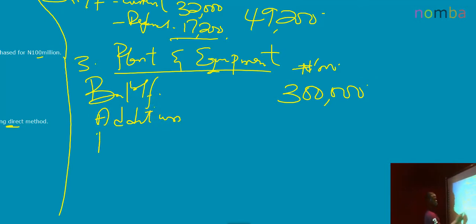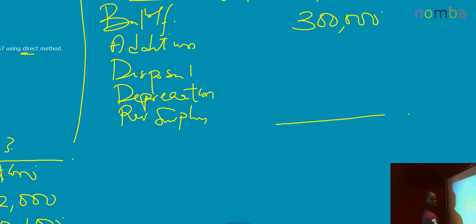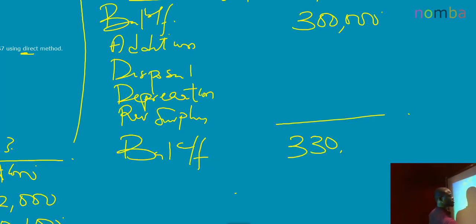And what will make it to decrease is if there is a disposal of plant. And also the accumulated depreciation and the depreciation charge on the plant. So that will be the depreciation for the year. And also if there is a revaluation surplus, and in this question I don't think there is. Okay, and finally would be the balance carried forward, which was 330,000.